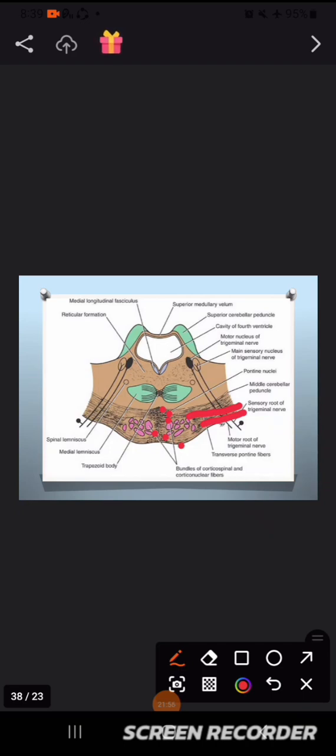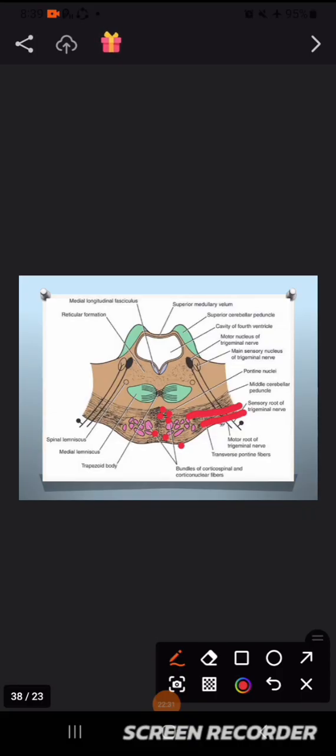So information passes from the cortex to the pontine nuclei through the corticopontine fibers, and from the pontine nuclei to the cerebellum through the transverse pontine fibers.